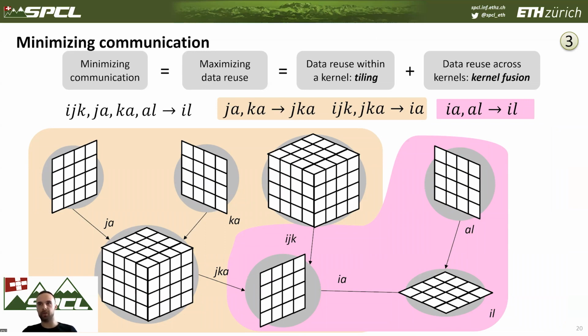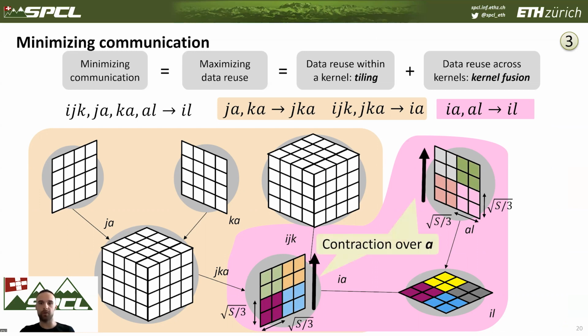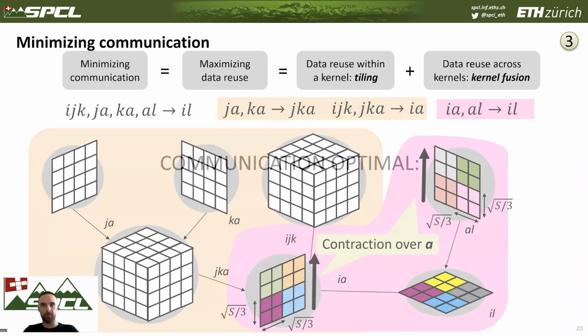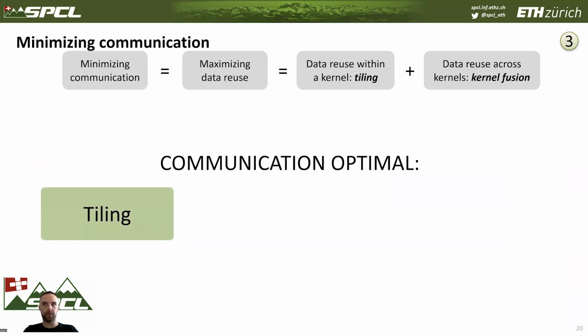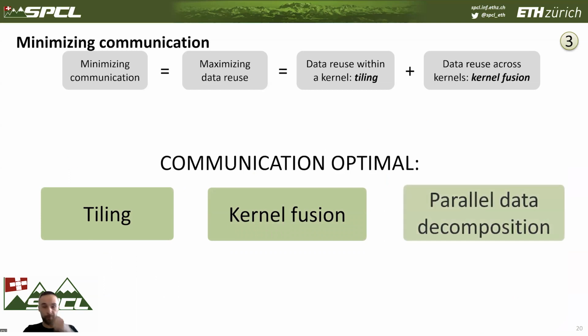So actually the best thing that we can do is just use an optimized GEMM call, and we'll have our square tiling of square root of S divided by 3 with one contraction over A. So using our Deinsum framework, we automatically obtain communication optimal tiling for a single kernel, optimal kernel fusion, and also parallel data decomposition, which tells us how we should distribute the data in a distributed setting for any given input einsum.